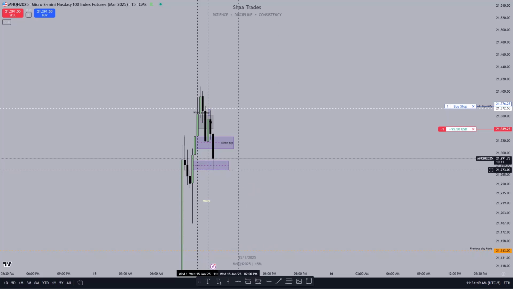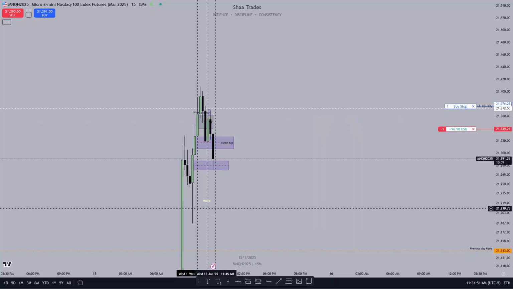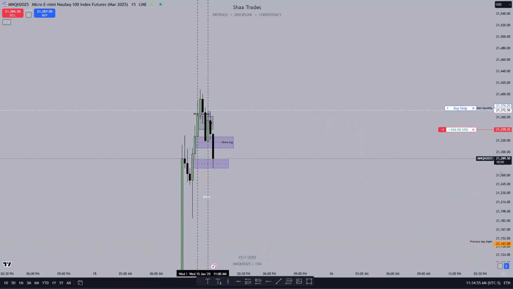Even if price runs and closes below, runs back all the way down here, I just want to be able to stick to what I said I was going to do, right?